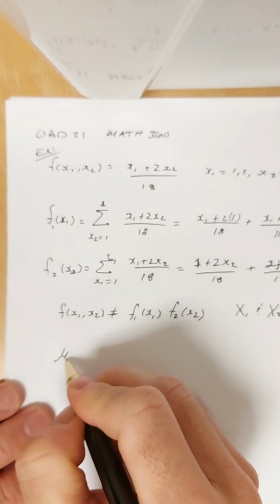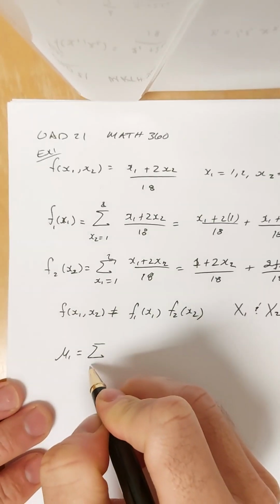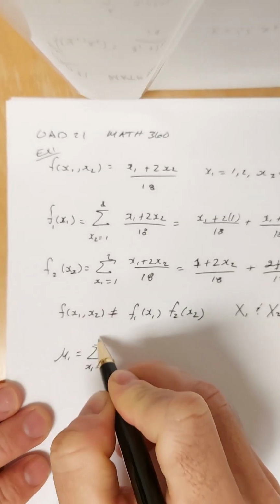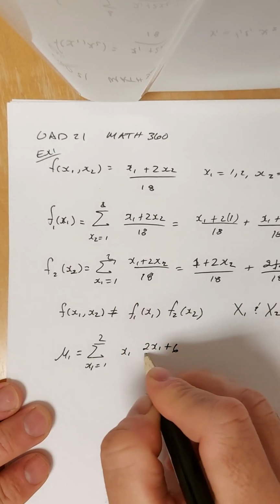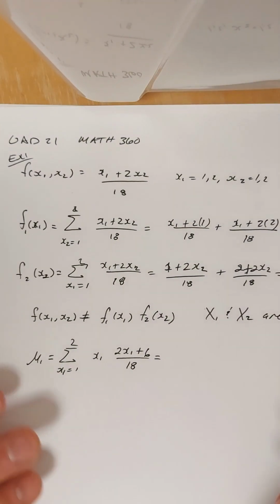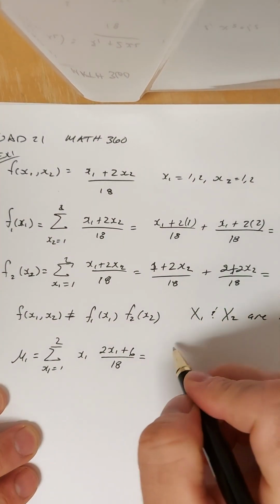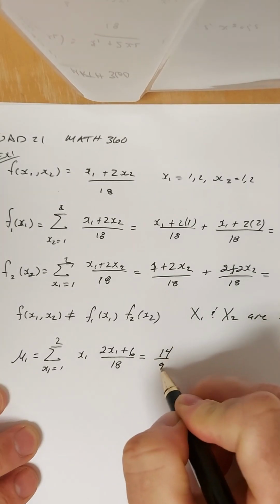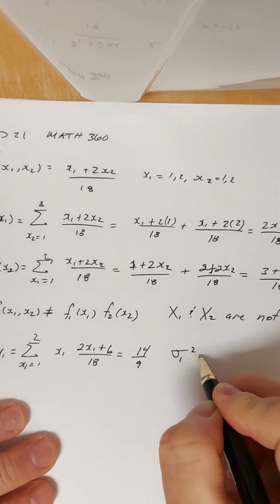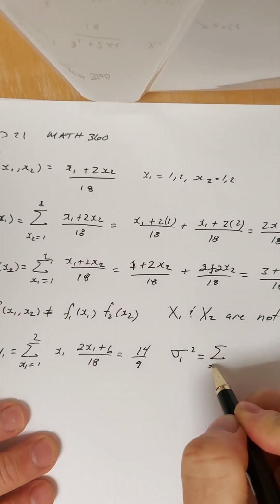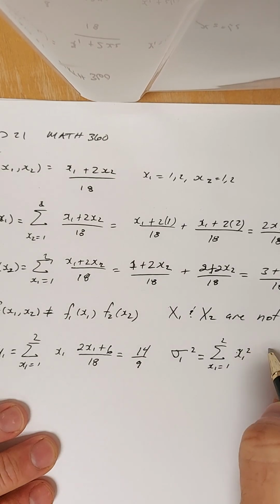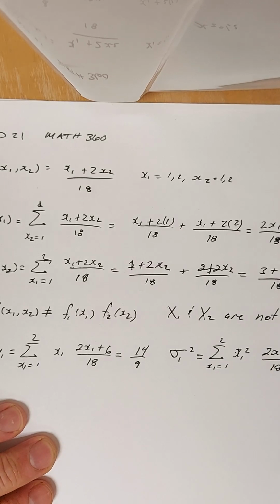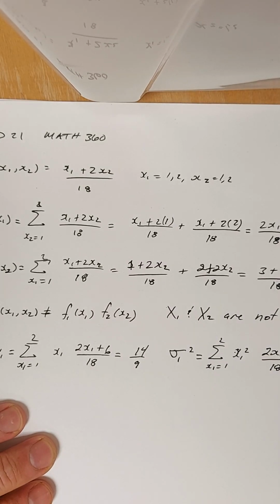Okay, so mu1 is going to correspond to summing over x1 equal to 1 to 2 of x1 times (2x1 plus 6) over 18. If you compute that out with the marginal probability function, you get 14 over 9. Then sigma 1 squared would be the sum over x1 equal 1 to 2 of x1 squared times (2x1 plus 6) over 18 minus (14 over 9) squared.